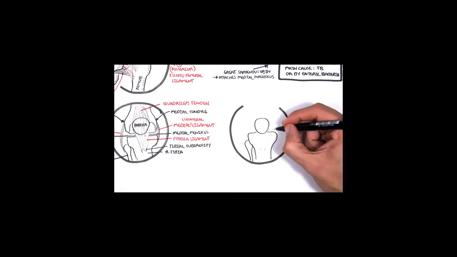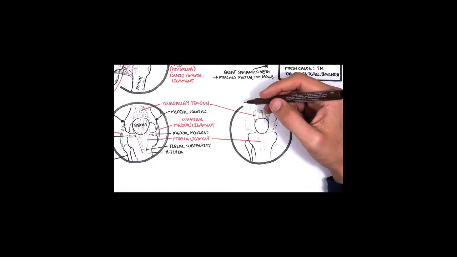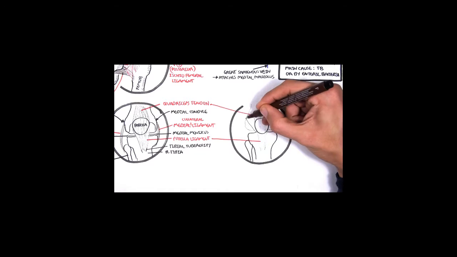So now I'm just going to draw the same knee joint again. Here again is the patella ligament, and here is the quadriceps tendon, which is formed by the anterior muscle compartments of the thigh. Under the rectus femoris, there is a group of muscles, the vastus muscles: the vastus lateralis, vastus intermedius, and vastus medialis, which form part of the quadriceps tendon.